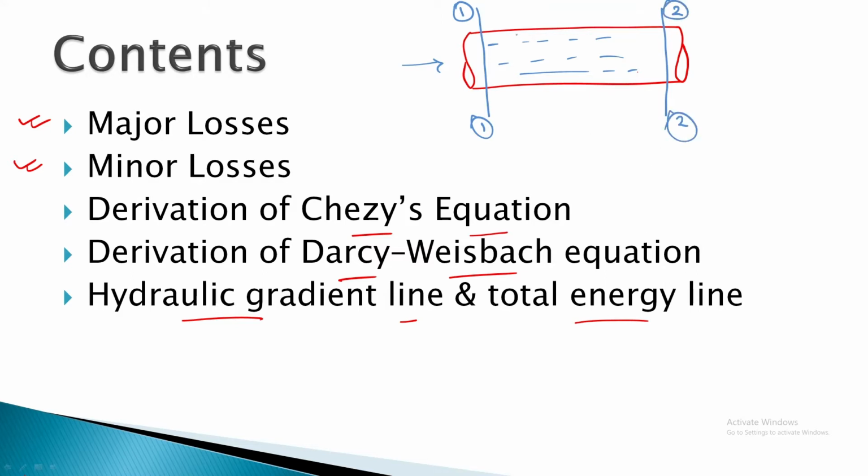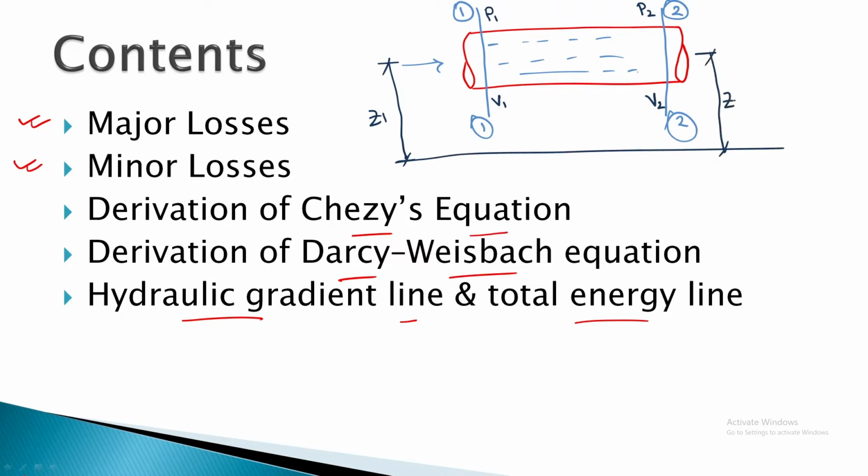So if I take two sections 1 and 2, and I assume the pressure at section 1 is P1 and the velocity is V1, and at section 2 the pressure is P2 and the velocity is V2, and also the datum head, consider this is Z1 and here it is Z2.